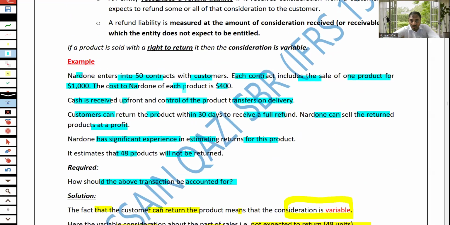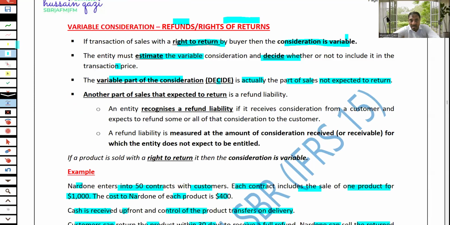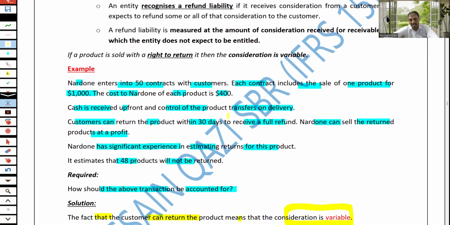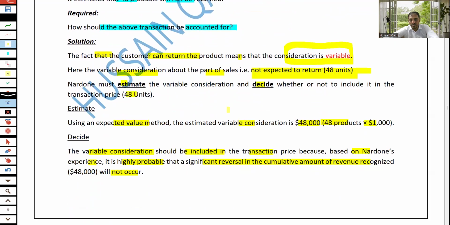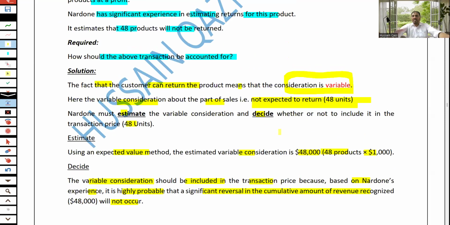And that is the rule of the accounting standard. If you provide a right of return, the variable part, that means decide, is the part of sales not expected to return. That's the point. So I hope it's very clear to you what part is called the variable consideration.